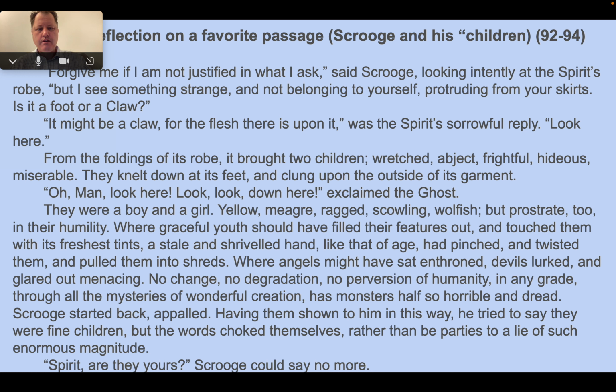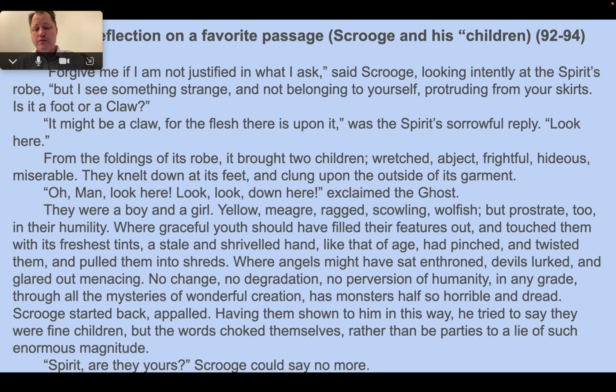He's never looked. They were a boy and a girl, yellow, meager, ragged, scowling, wolfish, but prostrate, too, in their humility. Where graceful youth should have filled their features out and touched them with its freshest tints, a stale and shriveled hand like that of age had pinched and twisted them and pulled them into shreds. Where angels might have sat enthroned, devils lurked and glared out, menacing.